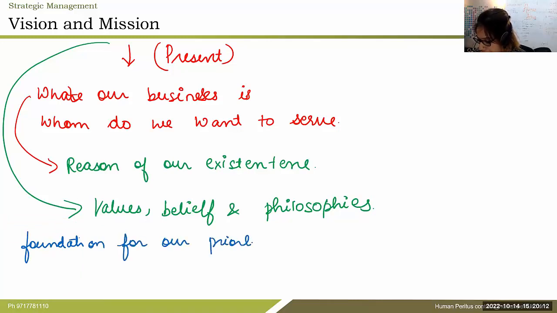priorities. My priority right now is that I need to stay with my family, and this coaching center is near to my home. So I have decided that right now I will teach at a coaching center which is near to my home. So now you see, it is a foundation for our priorities, our strategies, our plans, and work assignments.